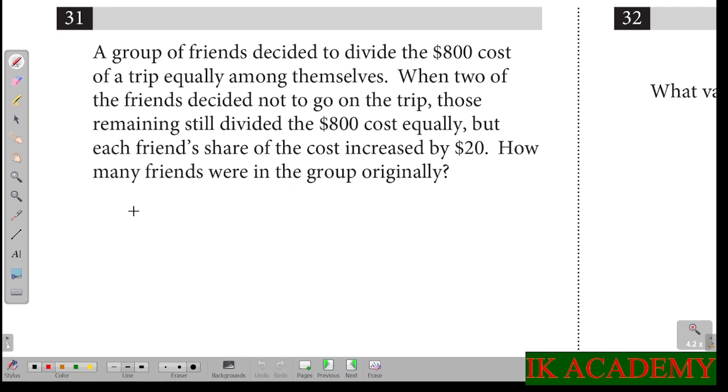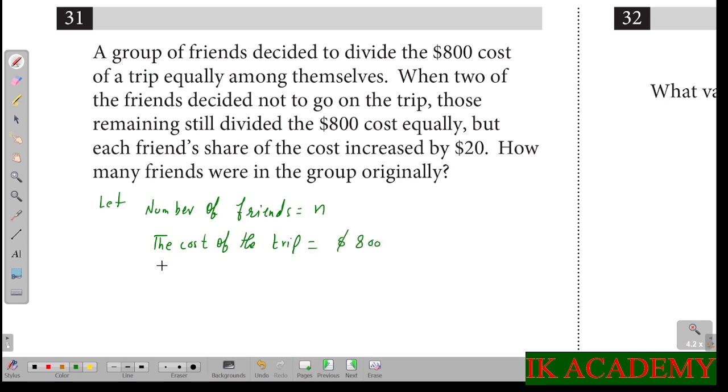So I am going to suppose that n is the number of friends. Number of friends is equal to n, the cost of the trip is $800, and each of the friends has to pay an equal amount.